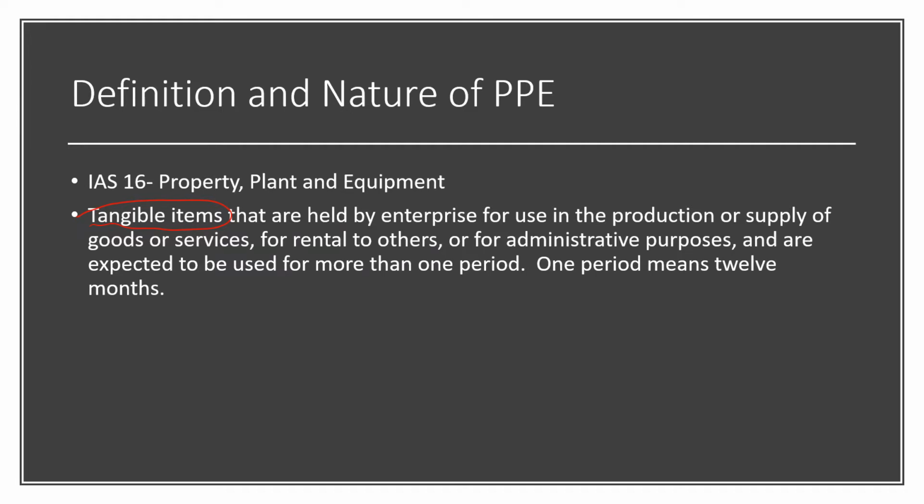And what type of economic benefit is that? The right to operate. If the company operates using the franchise, they can earn income from using that particular franchise. So to make an asset property, plant, and equipment, it should be tangible. There should be a physical structure.